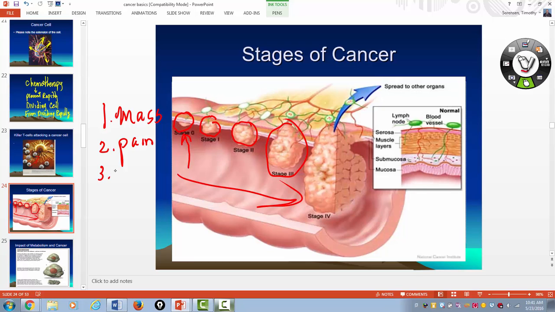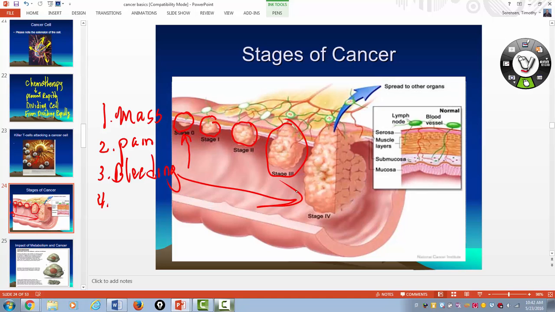And then another one is unexplained bleeding or discharge. Had a buddy of mine, he had green goop coming out of his nipple, and he had breast cancer. And then another one is a change in bowel or bladder habits. You become constipated, or your stool, instead of being a nice good sized turd, becomes kind of strippy, like a piece of beef jerky.